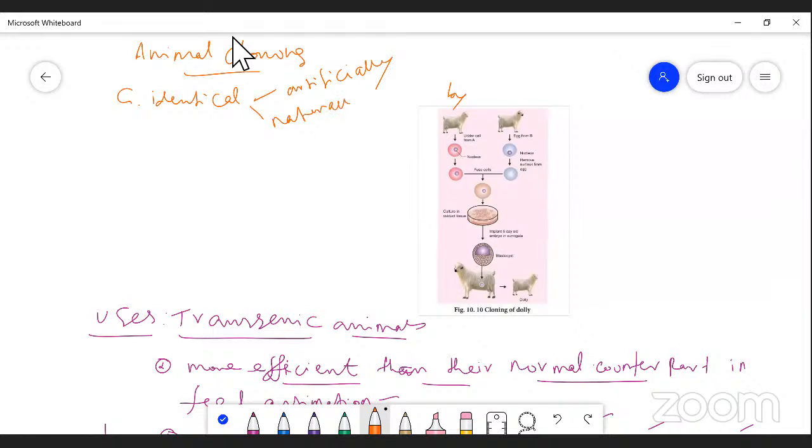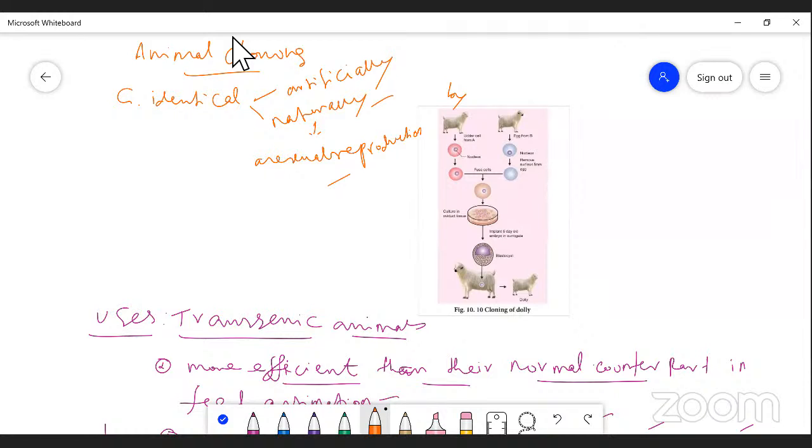In the natural method, organisms are produced by asexual reproduction, without involvement of both the gametes. So there is the artificial method in the laboratory, and the natural method in asexual reproduction.